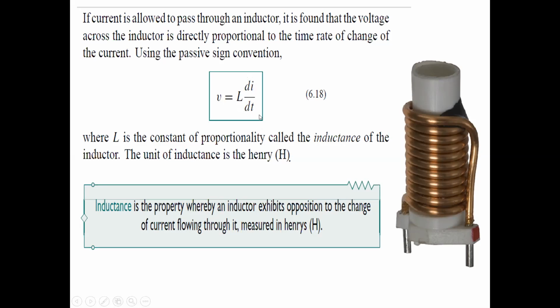So di/dt will be equal to 0, and the voltage across the inductor will be 0. If the voltage across the inductor is 0, it means the inductor behaves as a short circuit in case of DC power supply.